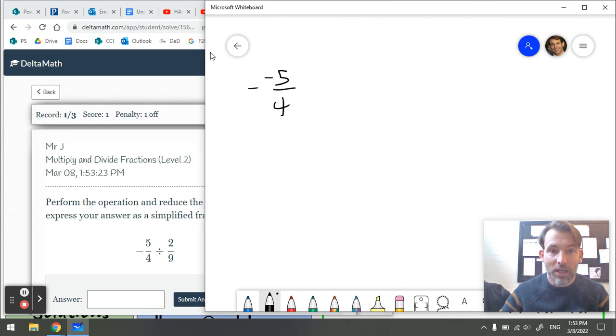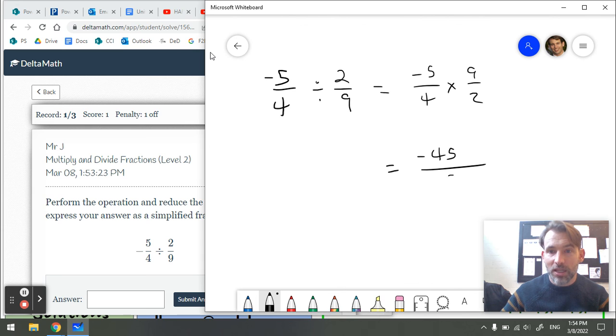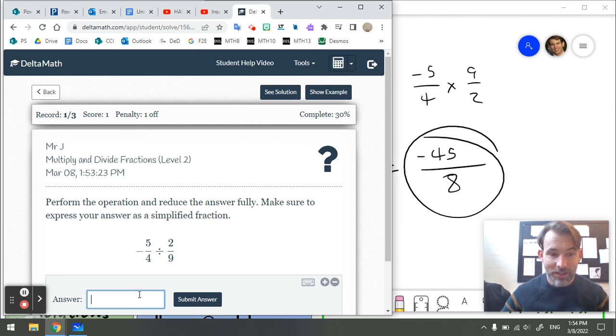They write it this way. Don't do it their way, do it my way. Divided by 2 over 9 is equal to negative 5 over 4 times 9 over 2 is equal to negative 5 times 9 is negative 45 on top, over 4 times 2 is 8 on the bottom. Doesn't share factors, done, final answer.